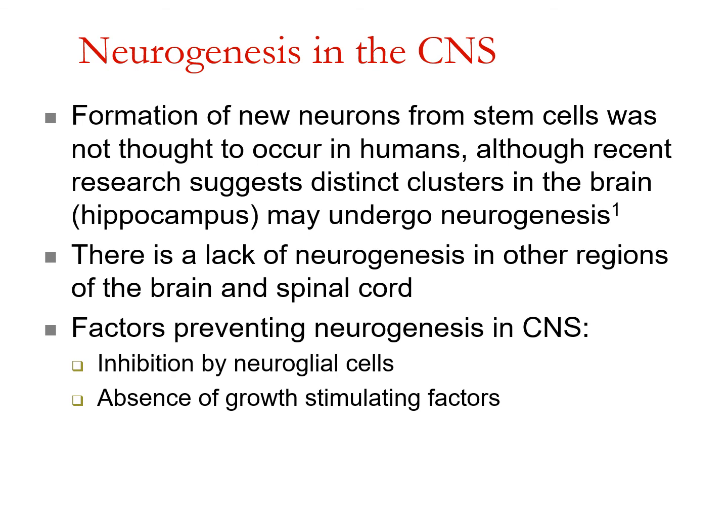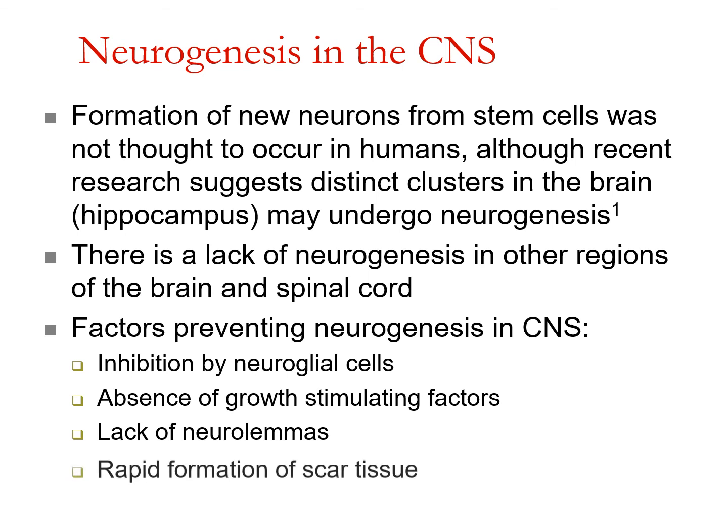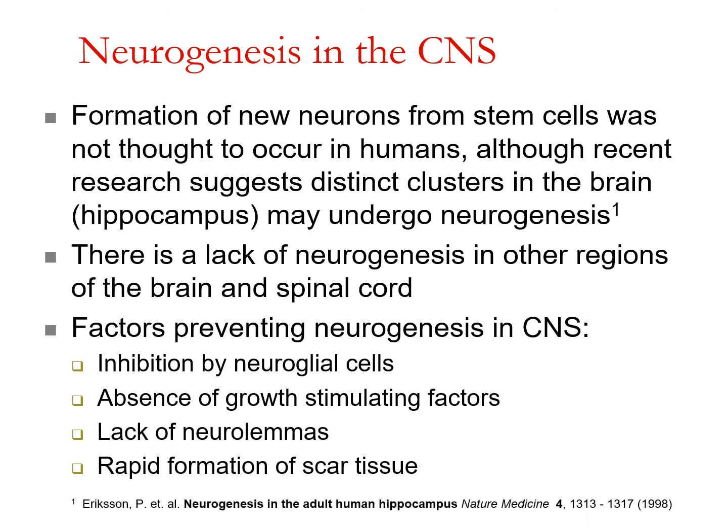There are low levels of growth stimulating factors in the central nervous system. The neurons lack neurolemmas, and scar tissue formation is quite rapid in the central nervous system. So if you're interested in regeneration of CNS tissue, I provided a reference at the bottom of the slide.